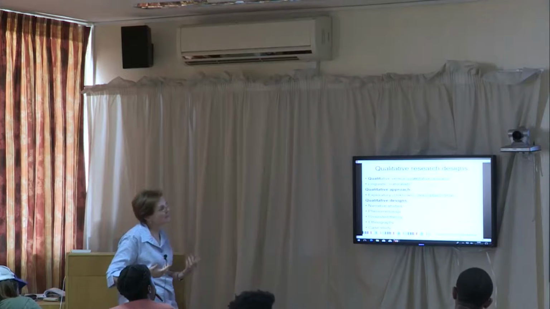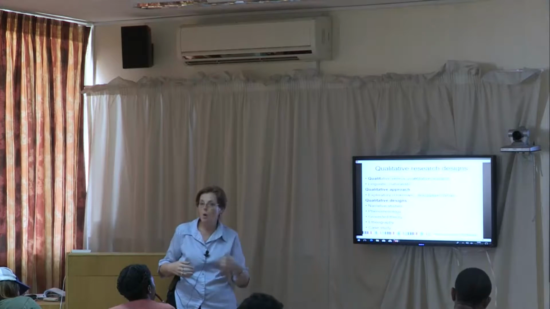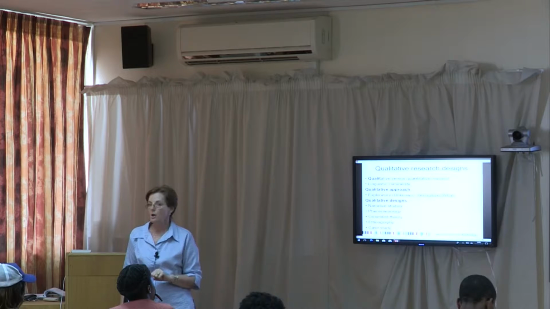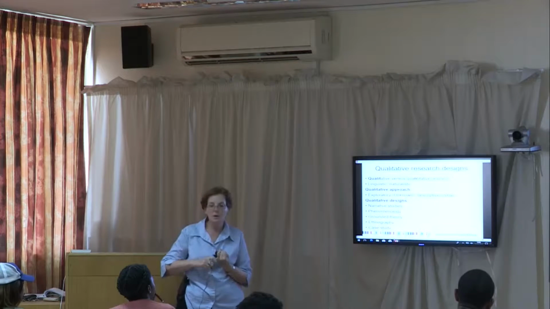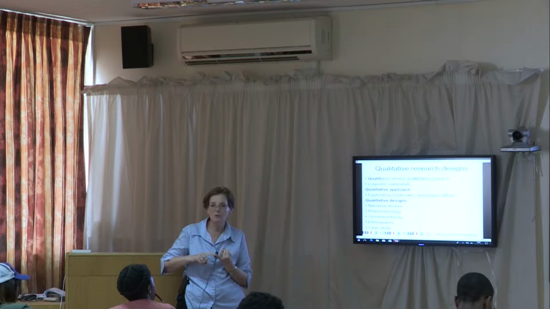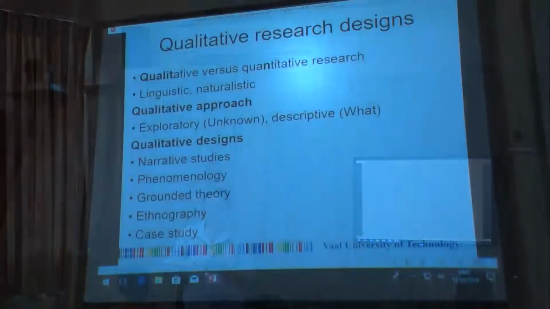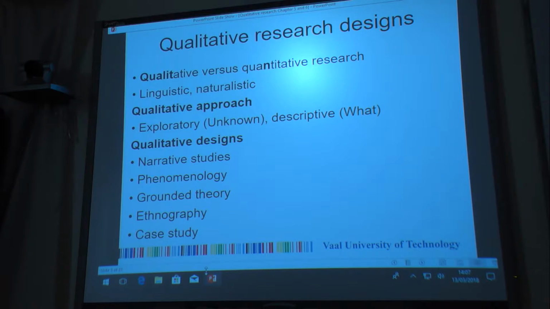So that is basically the difference between qualitative and quantitative research. In quantitative research, we already know what questions to ask and what we want to achieve. In qualitative research, we want to explore and discover new things that we do not know. And that's basically the difference between the two.